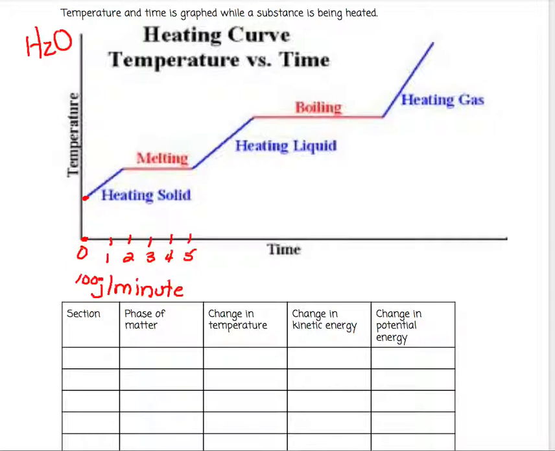Okay, let's talk about what happens. Let's say I have a solid block of ice, and the temperature is very, very low. It's below freezing. We're starting below freezing right here. And we start to add heat to that block of ice. Well, initially, we don't see anything happening visually. We don't see the ice doing anything.